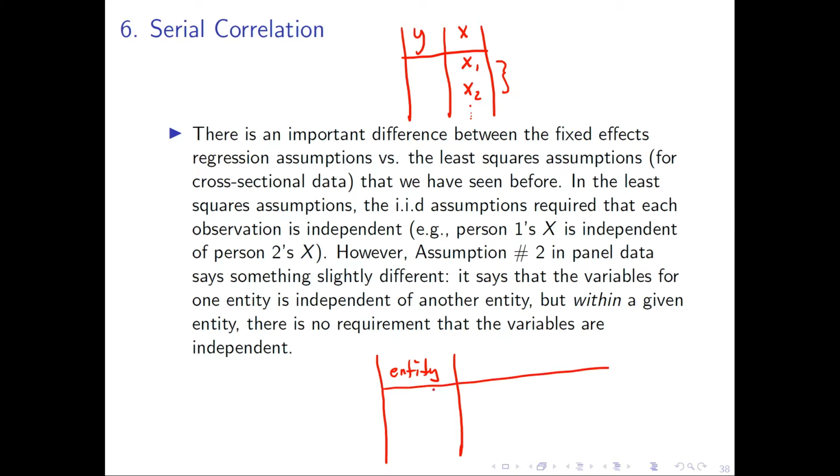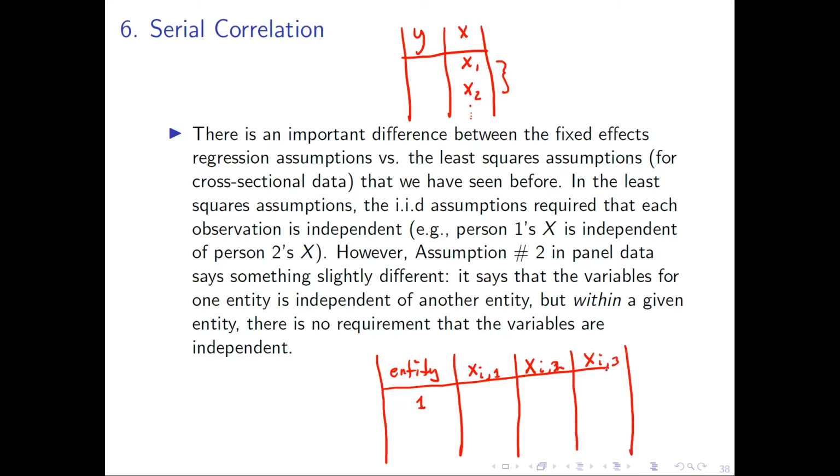Let's say this is entity 1, then we have x of entity i for time period 1 here, and we have x i time period 2, and x i time period 3.